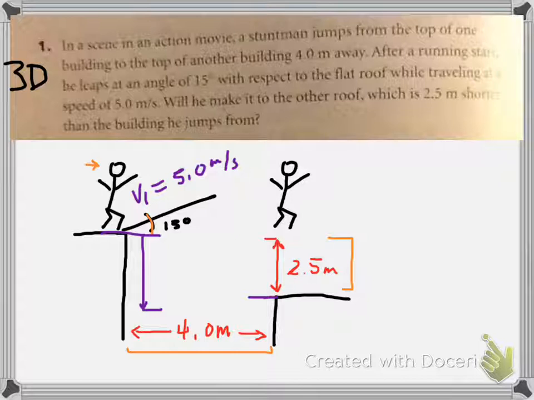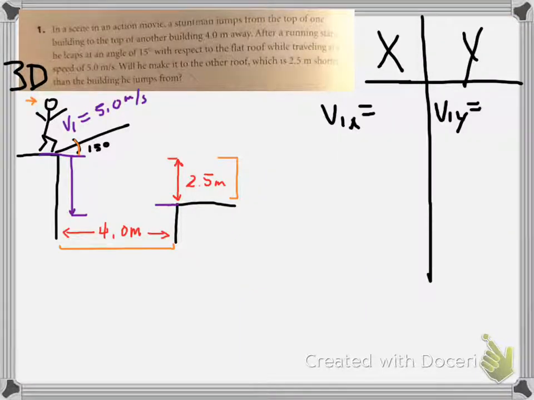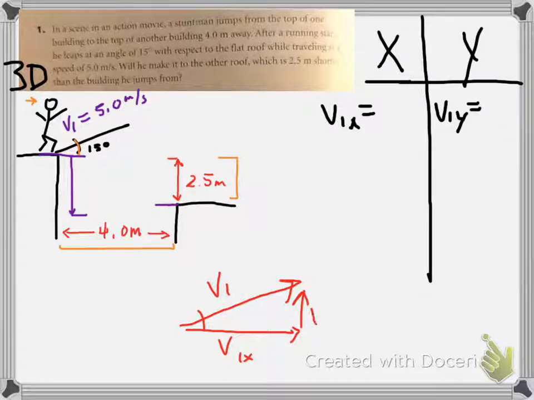If you still need help, I'm going to list variables. If you don't, pause the video. Okay, listing the initial velocities on the x and y axis. Sometimes it's easier if you pull that initial velocity triangle out like this, because then you can see that you have VI here, VIX here, and VIY there.